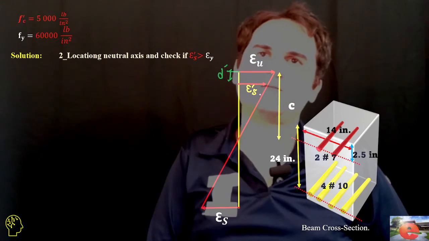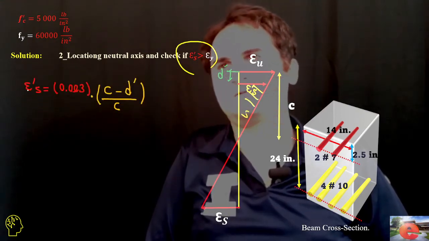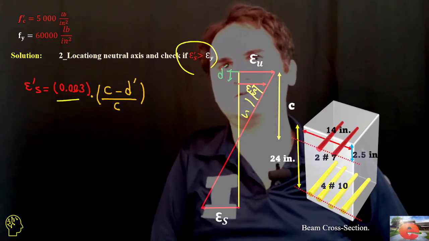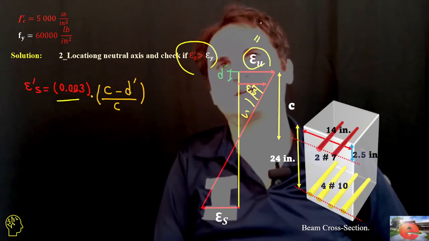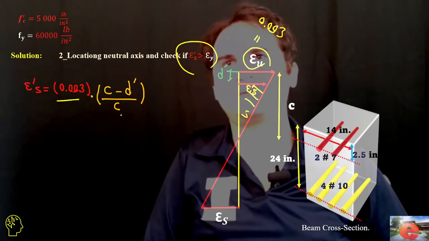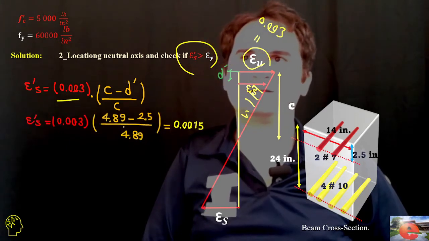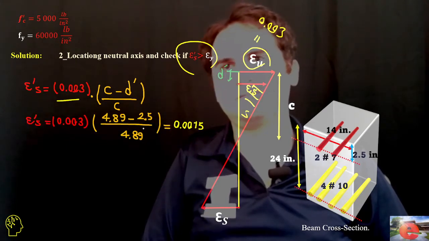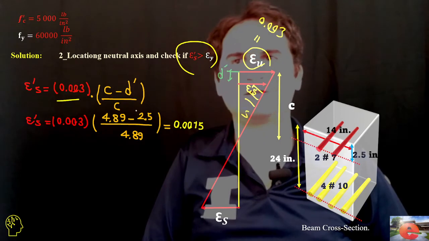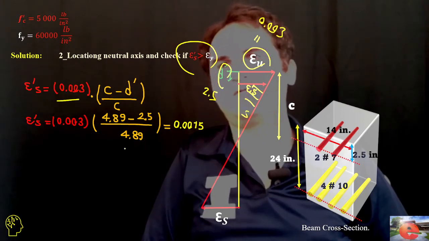So let's see what happens in terms of yielding. Epsilon prime s is epsilon u, which is here, the crushing point of concrete, 0.003, times c minus d prime over c. We just learned that c is 4.89, minus 2.1, which is d prime in the problem statement, over 4.89.